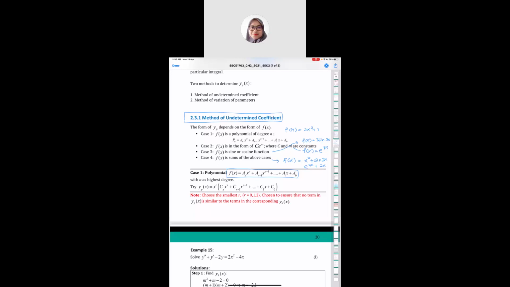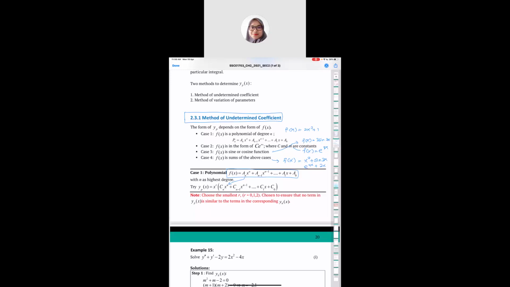So cara penulisan YP, kita try YP dalam bentuk x power of r, xn cn minus 1. So n for YP bergantung kepada the highest n dalam you punya polynomial.